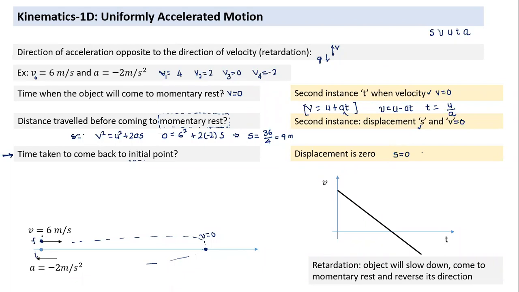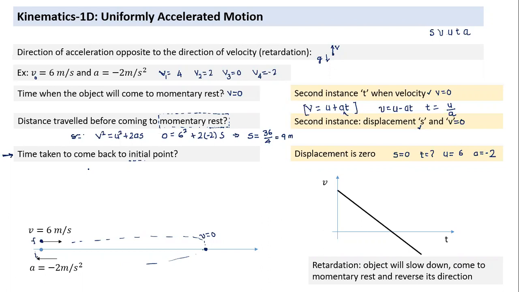But when it comes back here, it will not have the same velocity. So S is 0. What else? Time taken, I have to find T. U initial velocity is given as 6 and A is given as -2. Which equation, out of those 3 equations, has the T term, S term and U and V term?